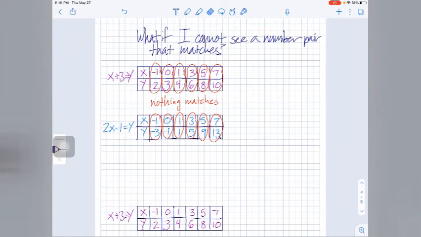So sometimes you won't see any pairs that match. I'm going to write that in so that people reading this later can see it. Sometimes you don't see any matching number pairs.